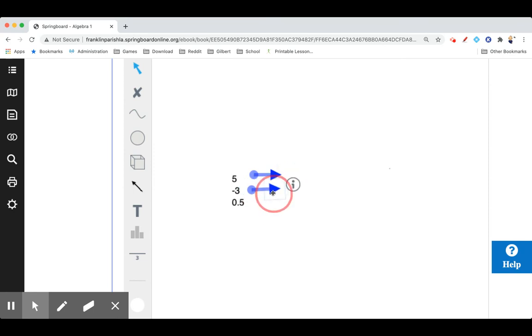This is much easier to do in your own book instead of doing it here, but we do it the best we can. What are the answers?